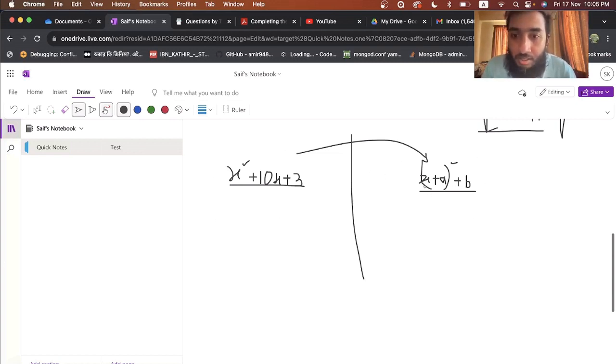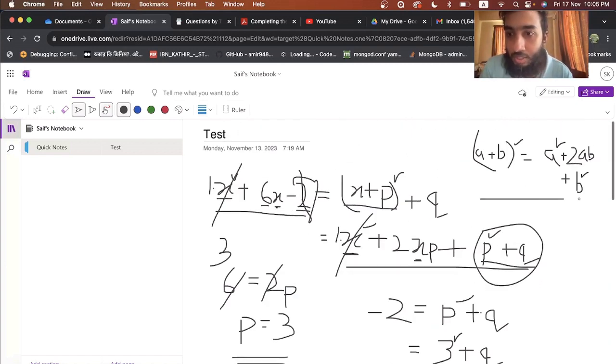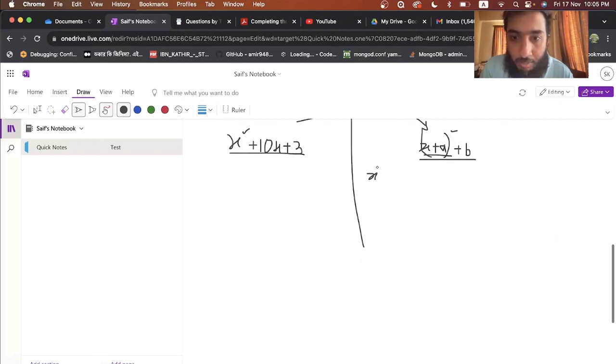If I expand this term, according to the formula a plus b whole square equals a square plus twice ab plus b square, as you know already, I get x square plus twice x a plus a square plus b, this is the extra term.